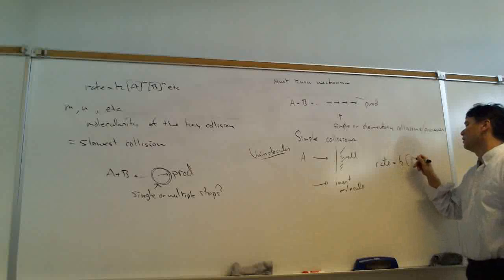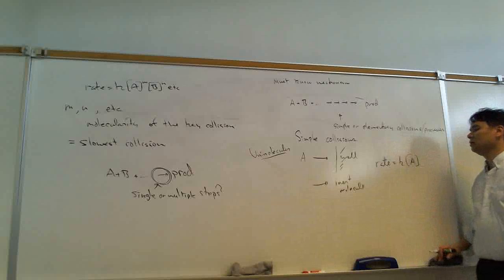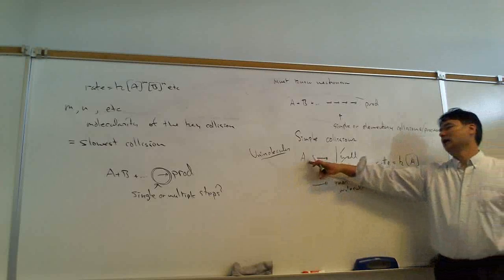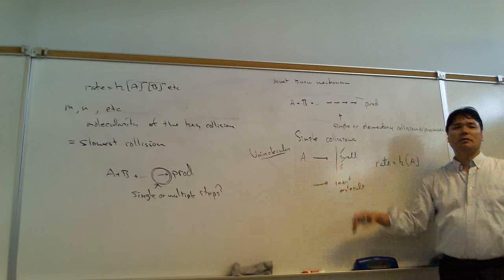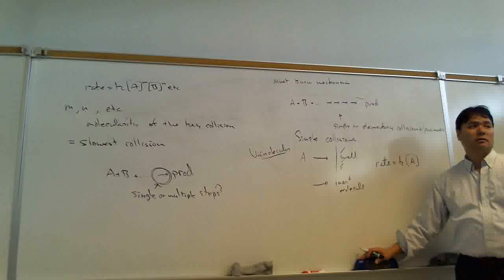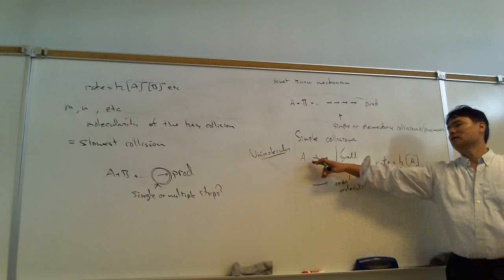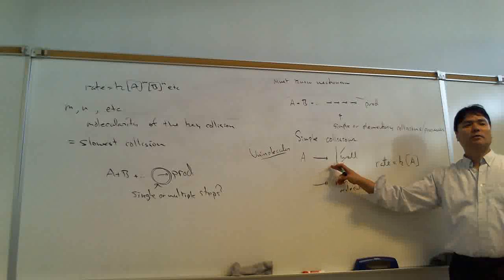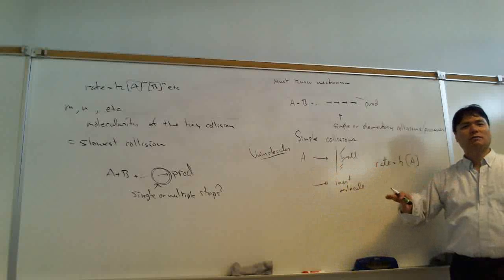And so here, if something's unimolecular, then the rate for this is going to depend on the rate constant times A to what power? Well, if I double A, what's going to happen to the number of collisions? Will the number of collisions not change? If I double the amount of A in this container, will the number of collisions not change?